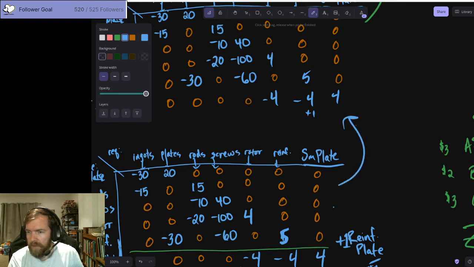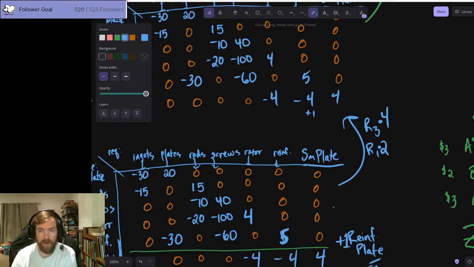Then, in order to balance things, we need row 3 to be multiplied by, this time it's only 4. And interesting. Okay. And so our plate, row 1, is going to need to be multiplied by 1.5 or by 2. And realistically, we're also making plating that we can walk on.